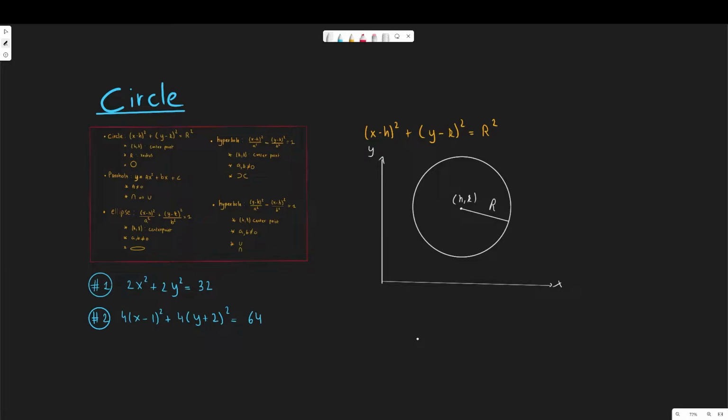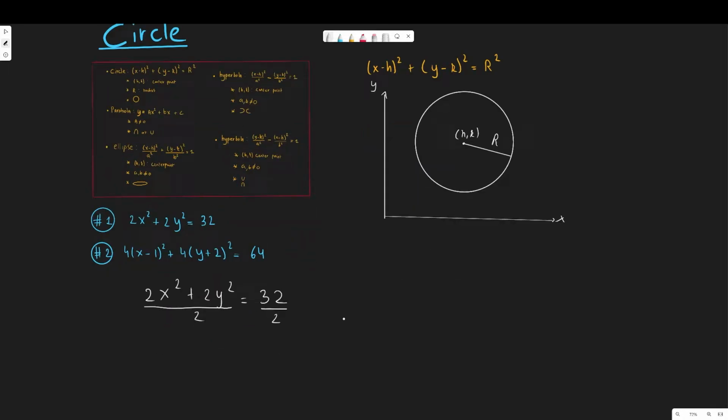Let's do this by dividing both sides by 2. Then we'll get x² + y² = 16.